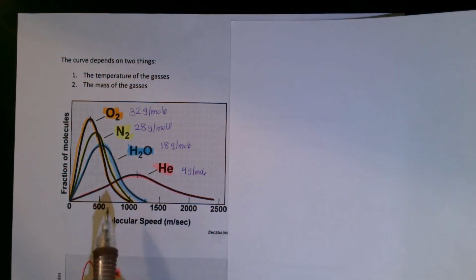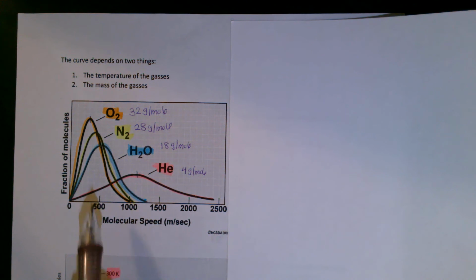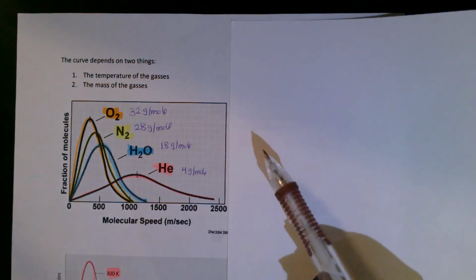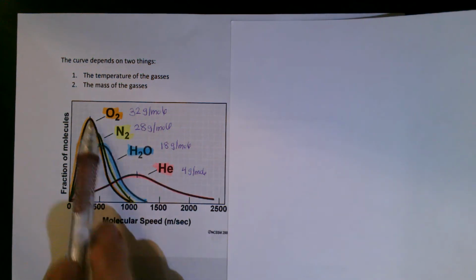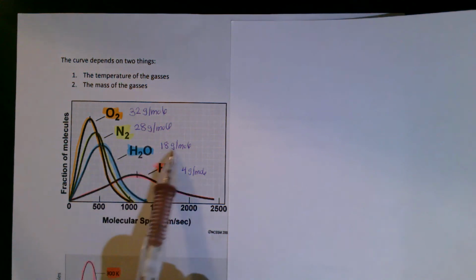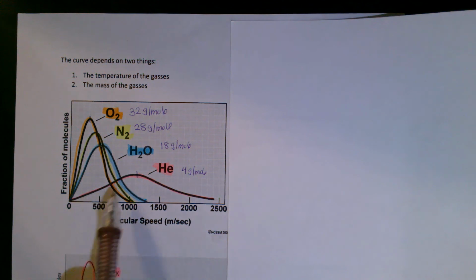For the other gases, it's far below that. Oxygen has the lowest value, then nitrogen, then water, and then helium much farther out. The tops of the nitrogen and water peaks are so close together because their masses are pretty close. And then oxygen is a little further out. And helium, because it's so much lighter than the other ones, has a huge, drastic difference.